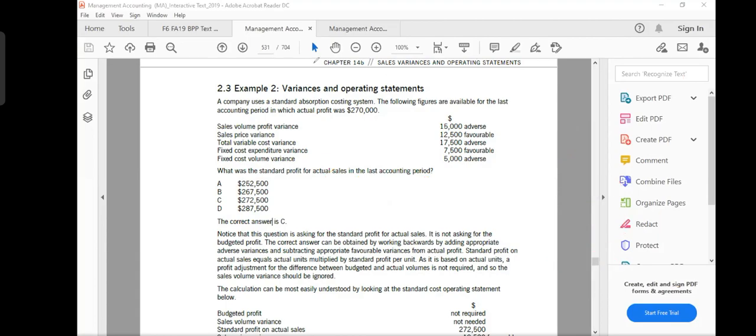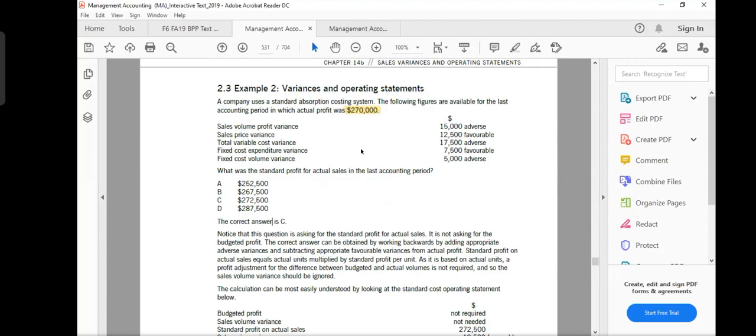Now, one question, a very typical question, and I think that sometimes students get confused on that. It says that a company uses a standard absorption costing system. The following figures are available for the last accounting period in which actual profit was 270,000. So they have given us the actual profit.